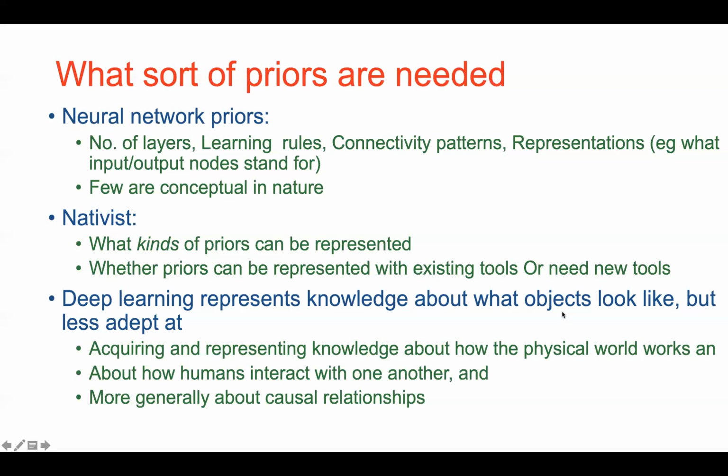So deep learning is good at saying what kind of dog it is and so on, but less adept at acquiring and representing knowledge about how the physical world works and about how humans interact with one another, and more generally about causal relationships. So we're saying there are all these priors, a neural network has priors and so on, but we don't have all of this stuff.